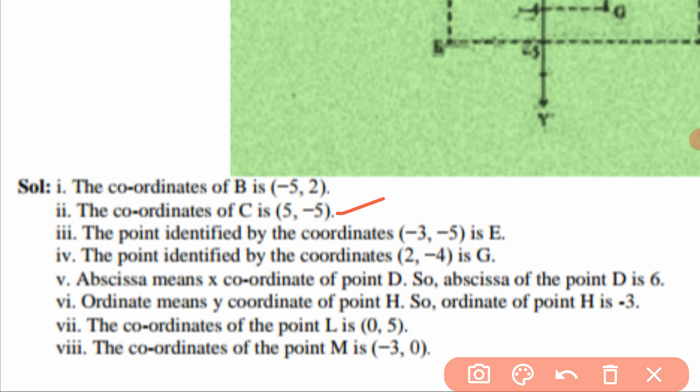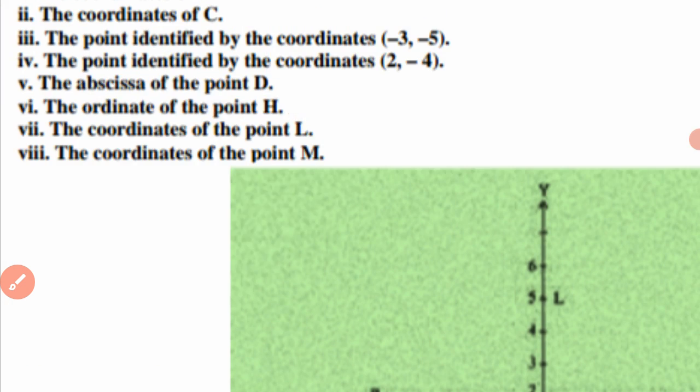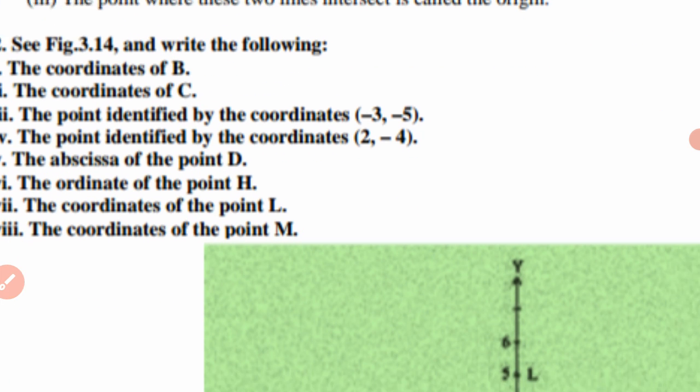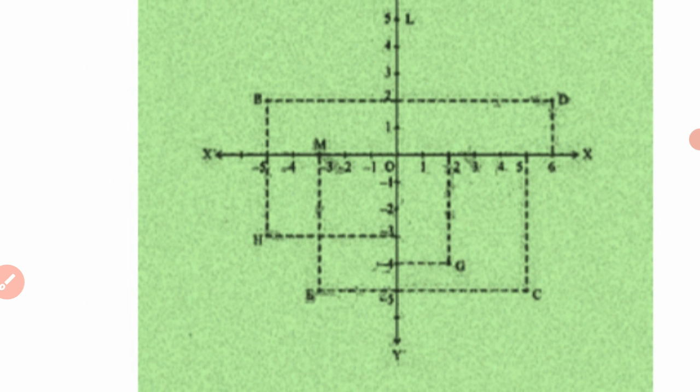Now in the third part, the point identified by the coordinates minus 3 and minus 5. Here minus 3 is on the x-axis and minus 5 is on the y-axis.